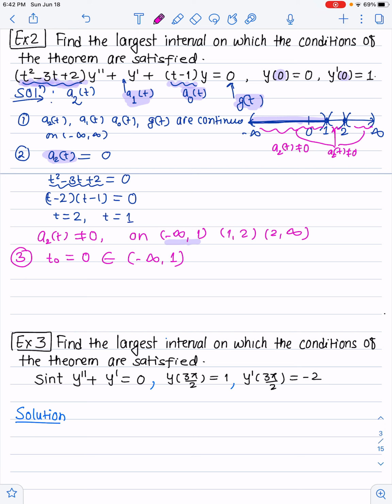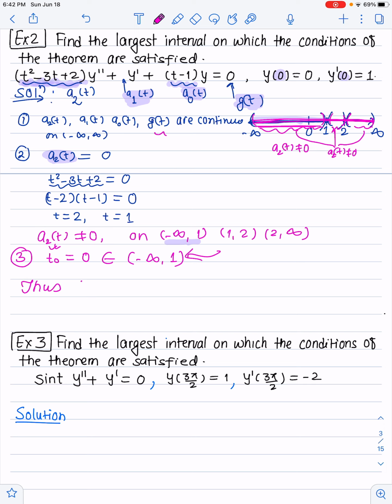Thus, by the theorem, this function is continuous throughout the real line, but a2(t) is only not equal to 0 on this interval, and t naught lies on this interval. That means this is the largest interval where the initial condition lies, a2(t) is not 0, and all these functions are continuous.